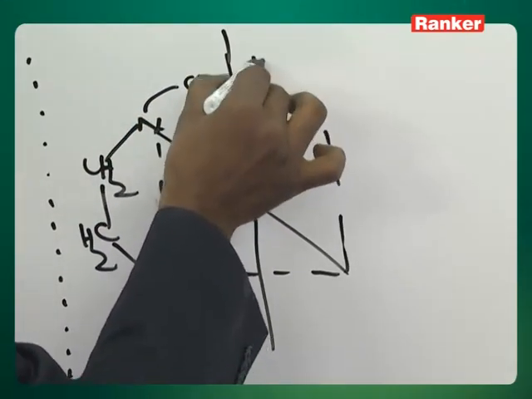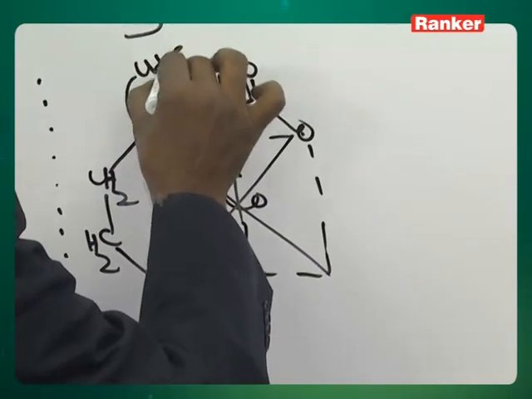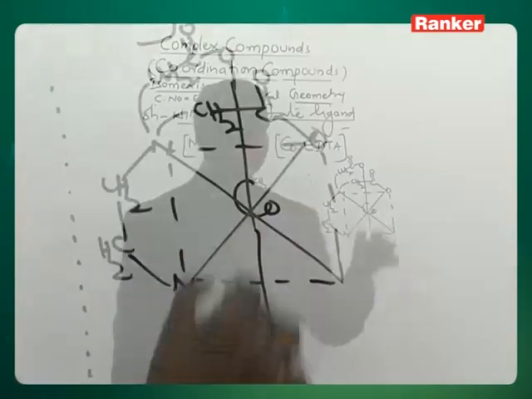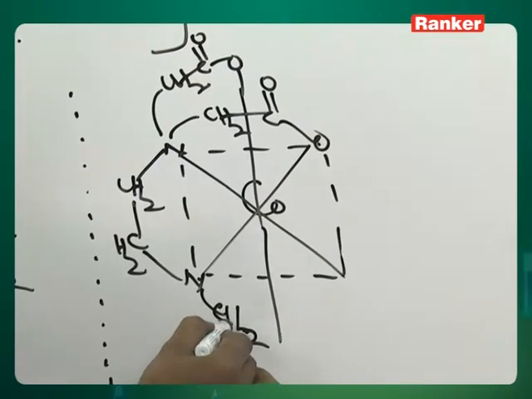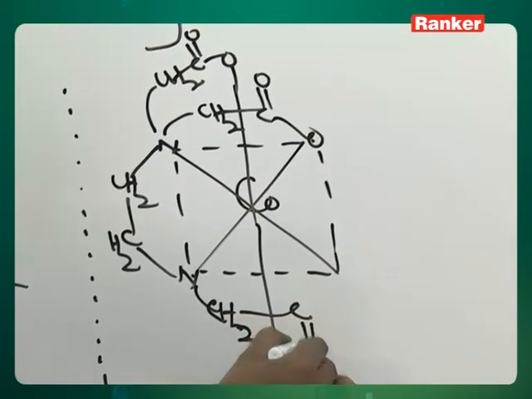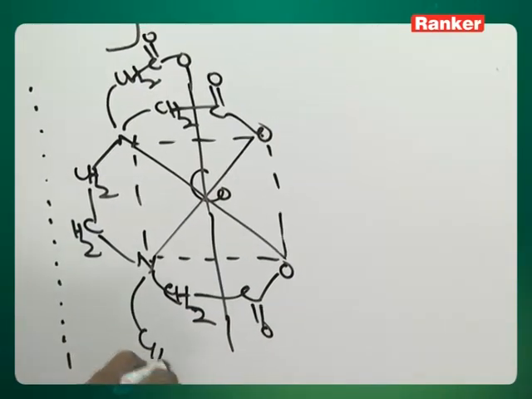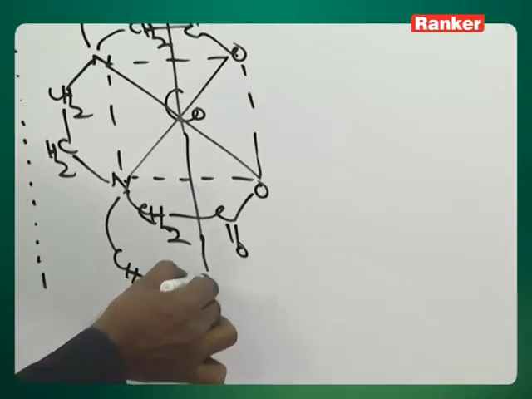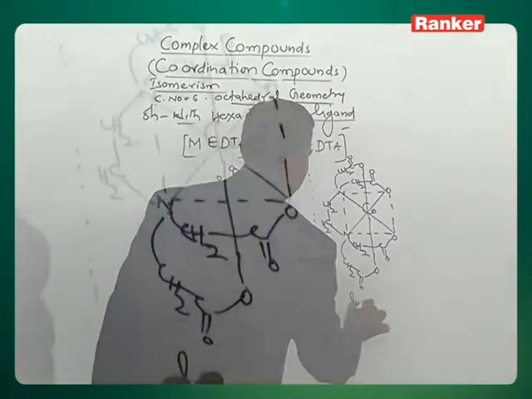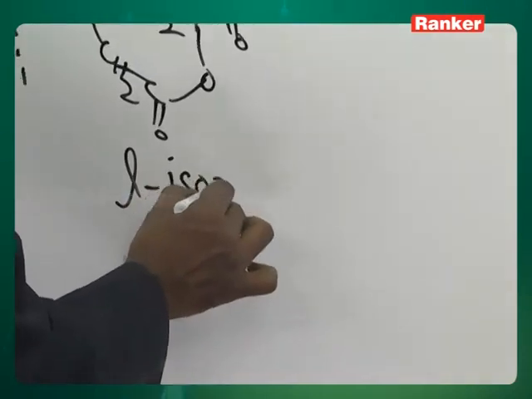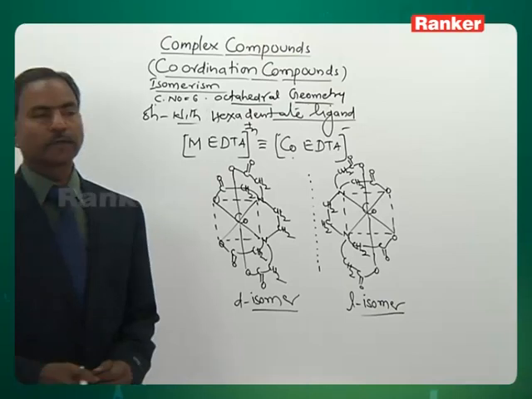Carefully you have to write these particular diagrams and you have to practice well. CH2 C double bond O. CH2 C double bond O. Next, CH2 C double bond O. One D isomer, the other one is L isomer. D isomer and L isomer.